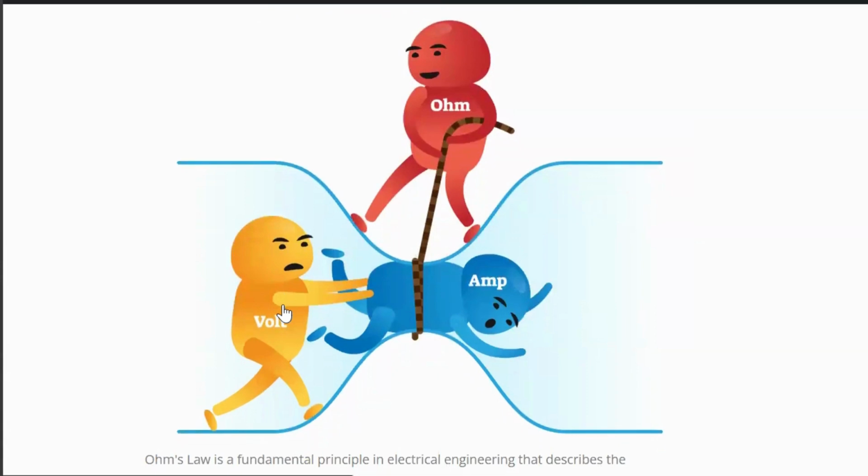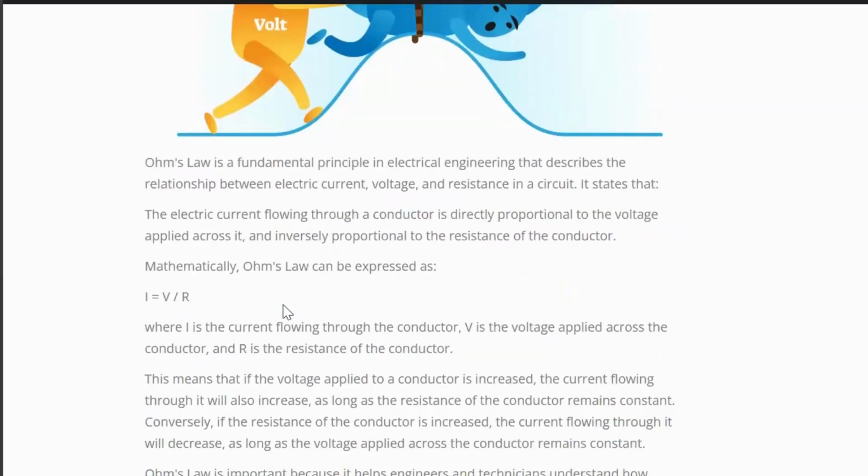So if there is more resistance and we want to supply the current, then we need higher voltage, higher push. Correct. In case we don't have higher push, then we won't get the sufficient or desired amount of current.